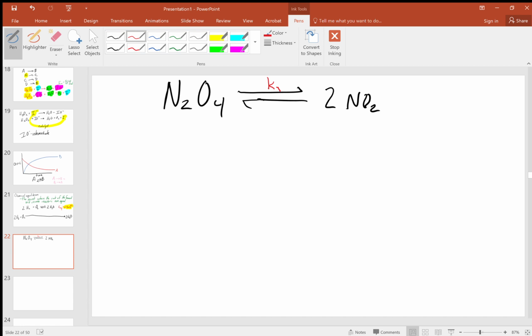We'll call that K1. Now, we haven't gotten into rate laws in this class, and it's not something that we're really going to do in this course, but basically that constant K1 is something that relates to how the reaction works. There's also the same thing for the reverse reaction. We'll call its rate constant K minus 1.